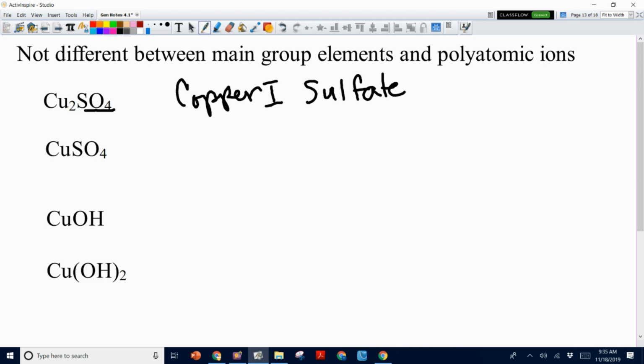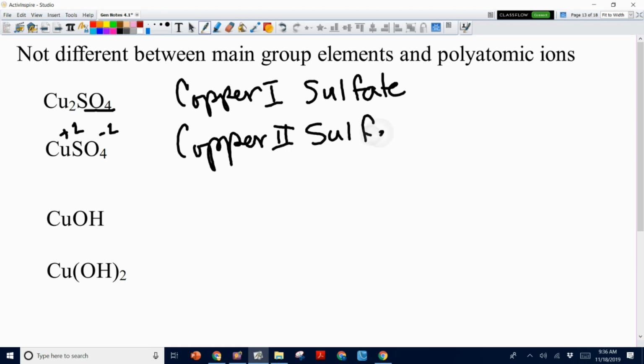We just keep the polyatomic ion name. Okay, here sulfate's a -2. Copper here has to be a +2 because we don't have a subscript there. So this one would be copper 2 sulfate. Okay, so there's no difference in naming except for we use the Roman numeral.